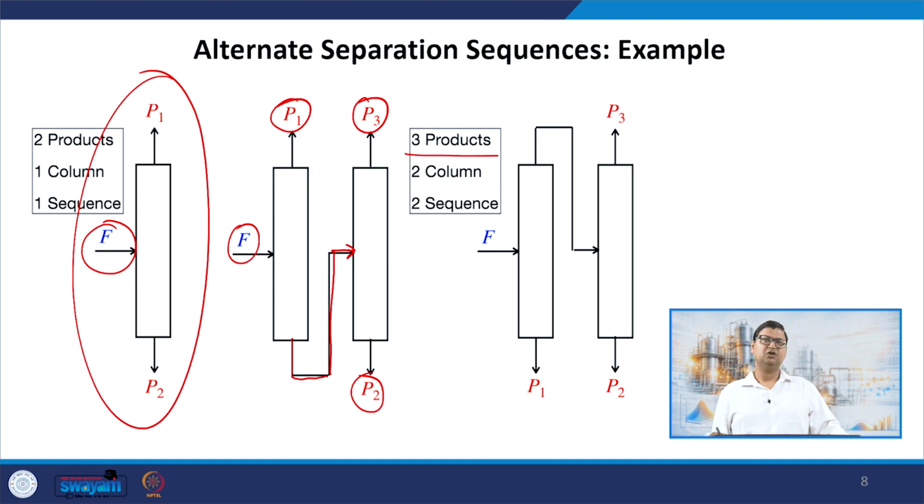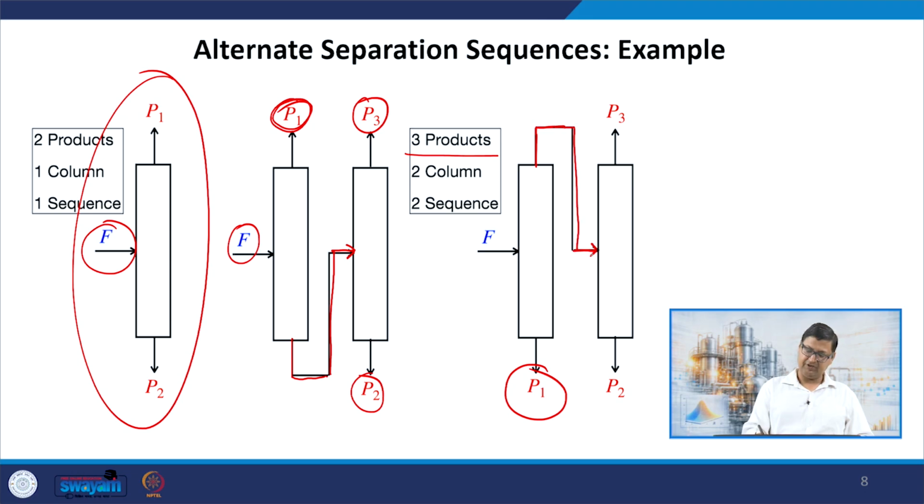I can do the opposite of that, where instead of taking the product from the top in the first column, I take out the product from the bottom, and the top product now becomes the feed for the second column.